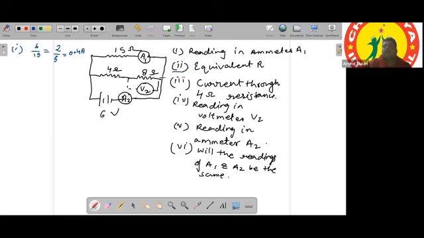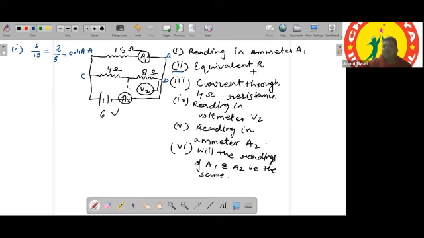There are two branches, branch AB and branch CD, both connected in parallel to a battery of 6 volt. So the potential difference across AB will be 6 volt, and across CD will also be 6 volt. That is why we get the answer as V by R, 6 by 15, the reading of this ammeter, 0.4.